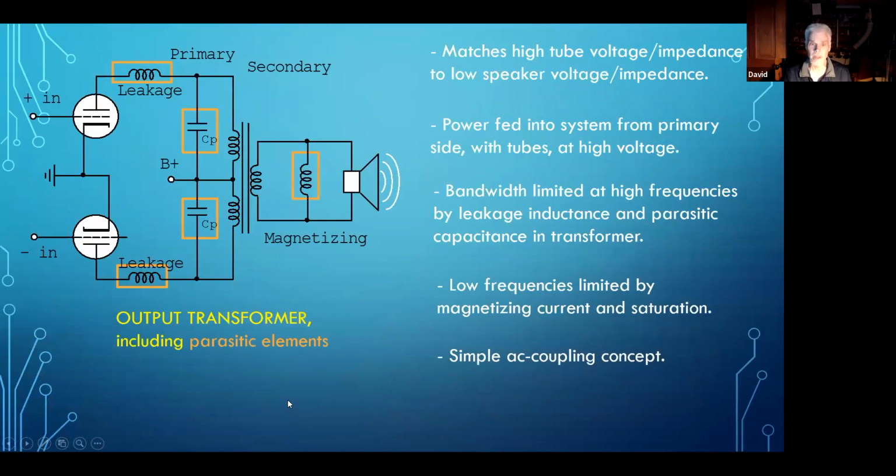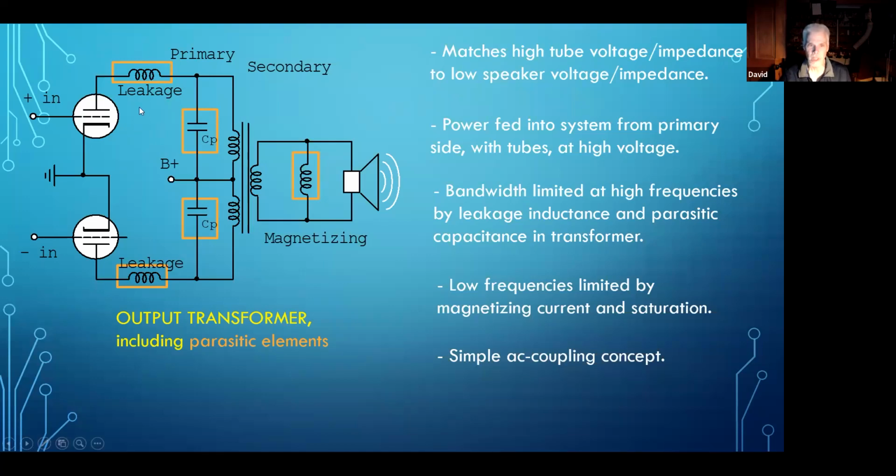So let's compare an output transformer, including parasitic elements, with the ZOTL. Let's start with the output transformer, and this is a push-pull case. I've drawn in some of the parasitic elements in their simple forms.